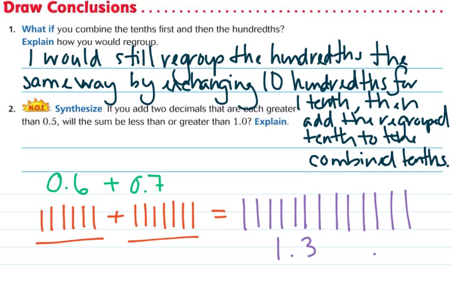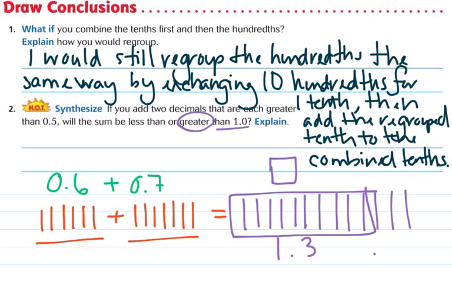Boys and girls, notice that when we get 10 longs, we could trade those 10 longs for 1 flat. So any number that's larger than 5 tenths, if we added up two of them, like 5/10 plus 5/10, would always give us a sum greater than 1. And we can pick examples to help illustrate that principle.